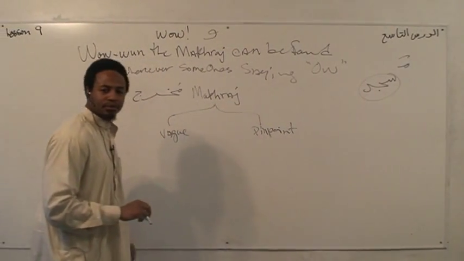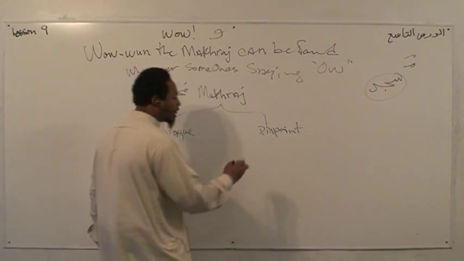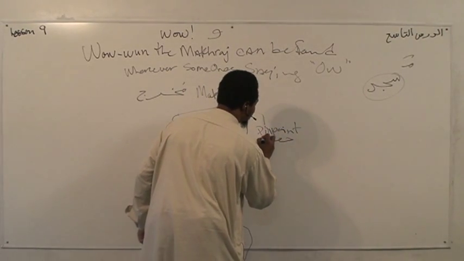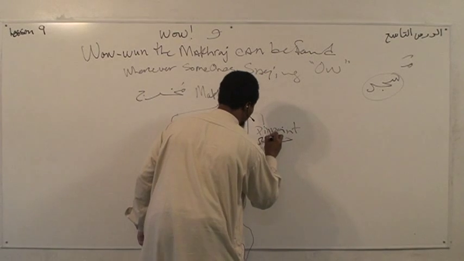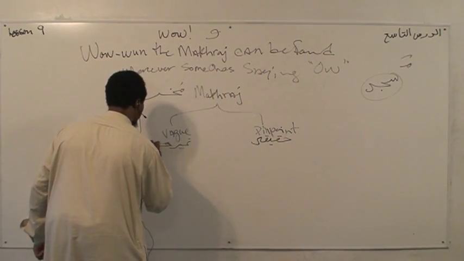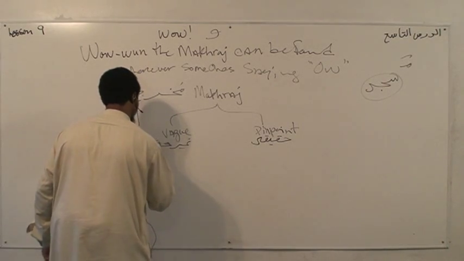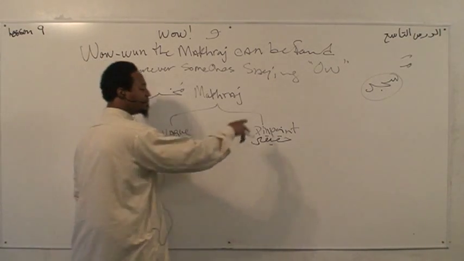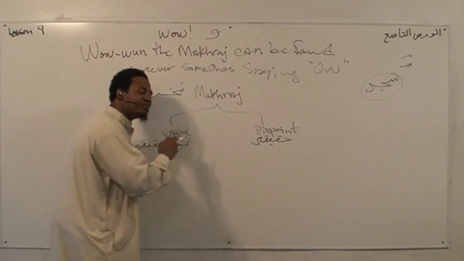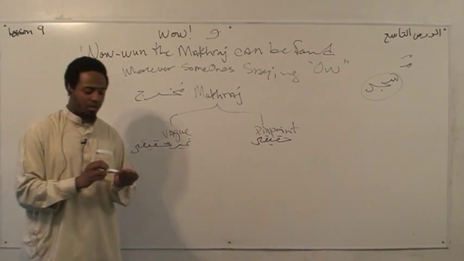Okay? We have haqiqi, we call it haqiqi. And this one is ghayru haqiqi. Okay, one that is, you can literally put your finger on it. And there's one that's vague, you cannot put your finger on it.